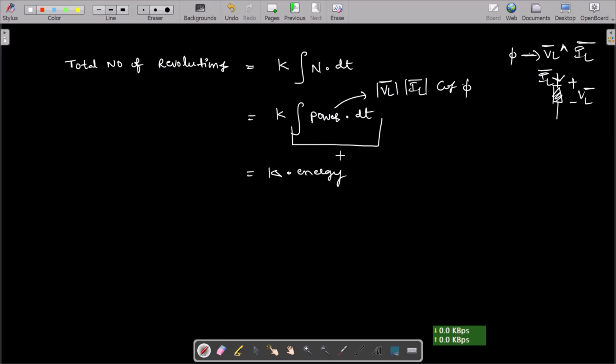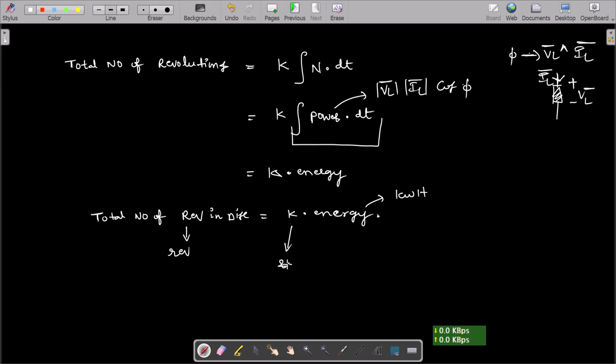For an ideal case, the total number of revolutions in the disk will be equal to K into energy. Now this energy unit will be kilowatt hour and this will be revolutions, so the unit of K will be revolutions per kilowatt hour.